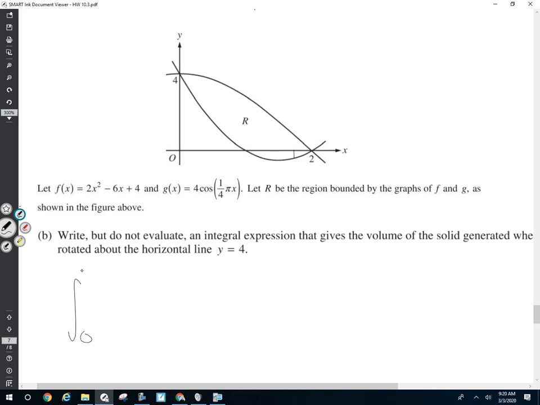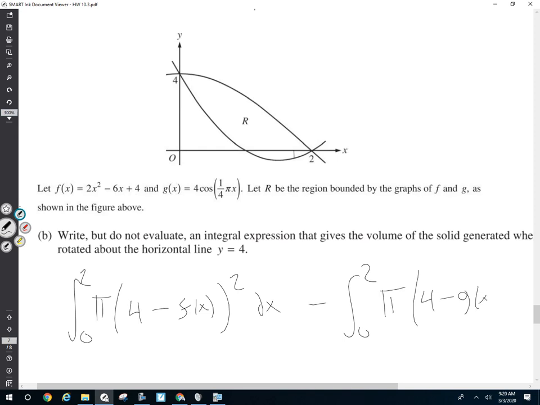I'm using vertical rectangles, spun, infinite sum of them, pi. The outside is the parabola. The radius would be the 4 minus the parabola. Then the inside is going to be 4 minus the cosine function.